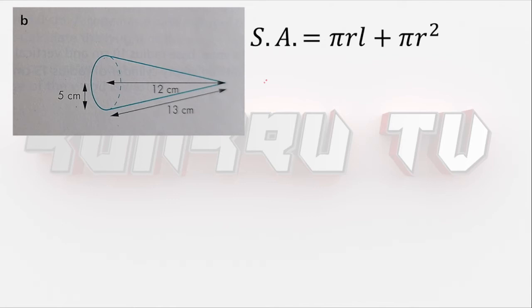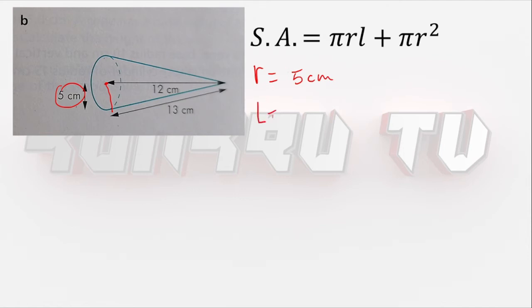Letter B. Okay, so let's identify first yung mga parts ng cone or yung formula na gagamitin natin. So ang radius, so ayan, yung may arrow tayo dito mula sa gitna hanggang dito sa side ng circle. So ibig sabihin, ito ang gagamitin natin, 5 centimeter. Okay?